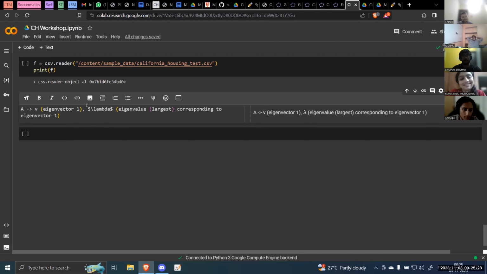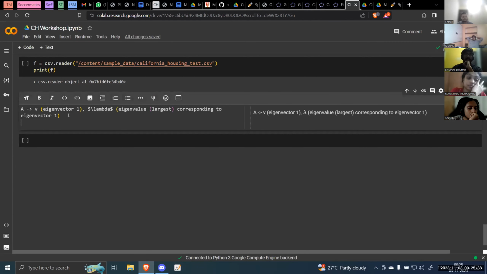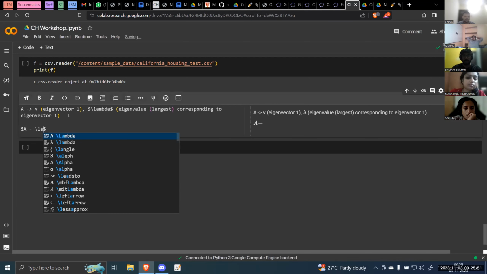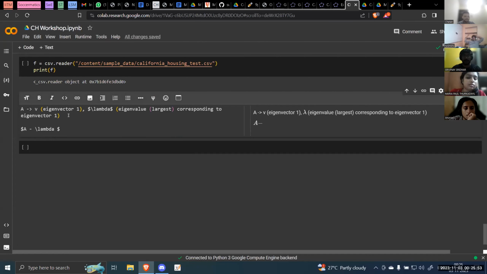Okay. So from A, we are able to derive V, which is the first eigenvector, and lambda, which is the largest eigenvalue corresponding to that eigenvector, right? True. Now we want to subtract. Let's write it as an equation: A minus lambda times V transpose, right?